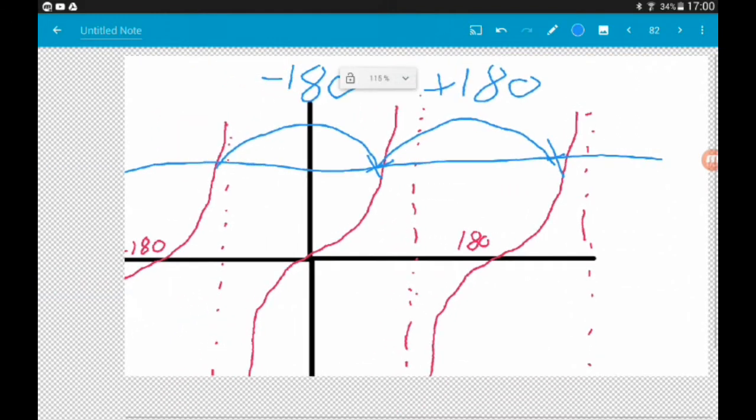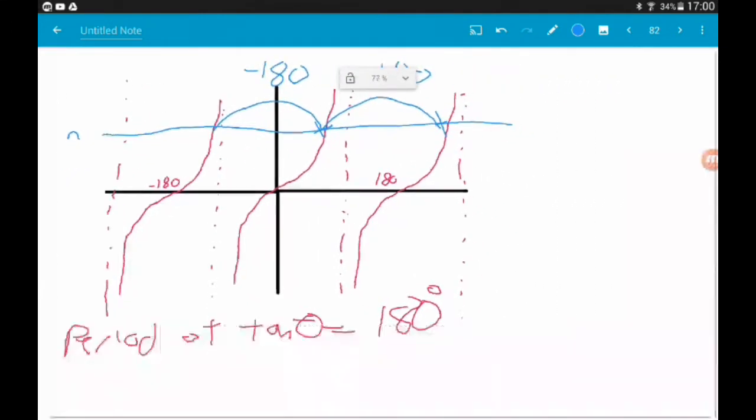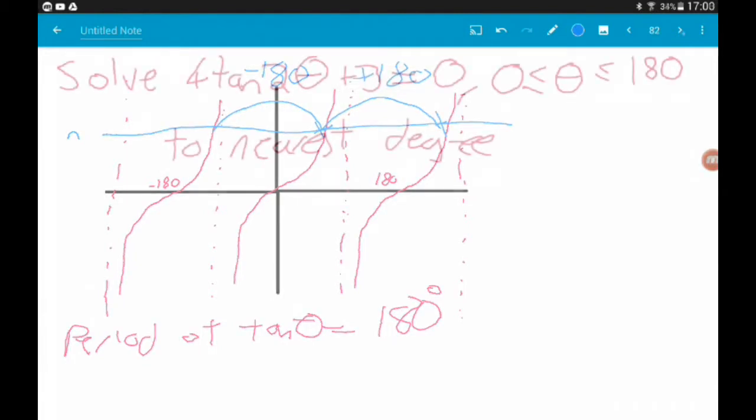So in some ways, even though tan is a bit of a tricky function and not a very nice looking graph, it is the nicest one for when we are solving trig equations. It's nice and simple to get from one solution to the next. So, let's do a couple of examples.